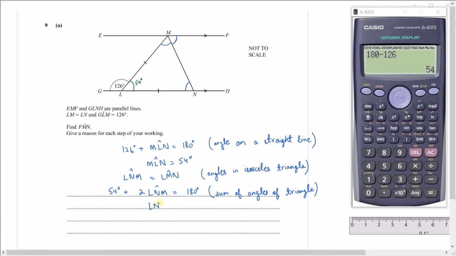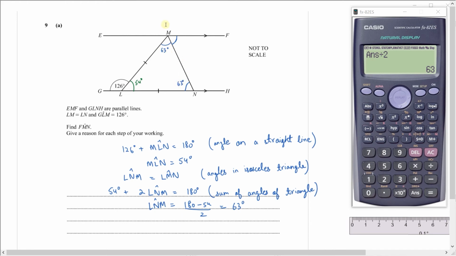So this will give me LMN equals (180 minus 54) divided by 2. So 180 minus 54 and then divide by 2. So this is 63 degrees. So this angle is 63, and this angle is 63 degrees as well.